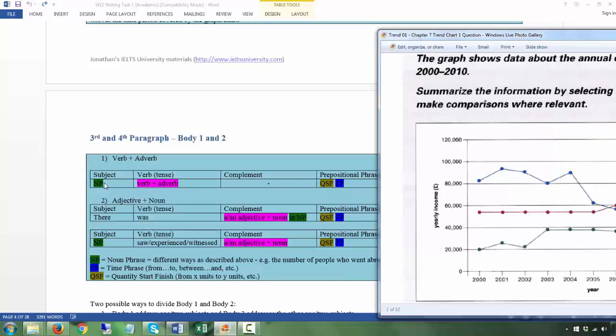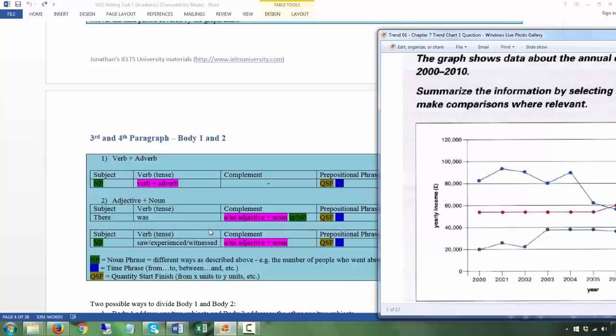The noun phrase: what are you talking about? The change. And you mention the quantity from the start, which means like 83,000, and then maybe 95,000 at the finish, and the time period, 2000 and 2001. So that's one way of writing a sentence.